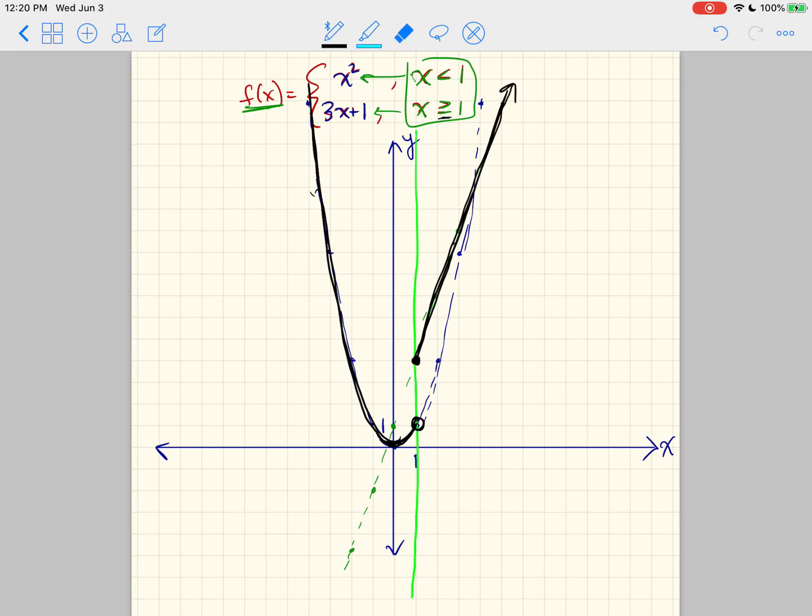Okay? Now, technically, every other part of this graph shouldn't be here, so this line that I drew just for reference is not actually part of the graph. The dotted quadratic that I had made before is not part of the graph. The line that's on this side is not part of the graph.